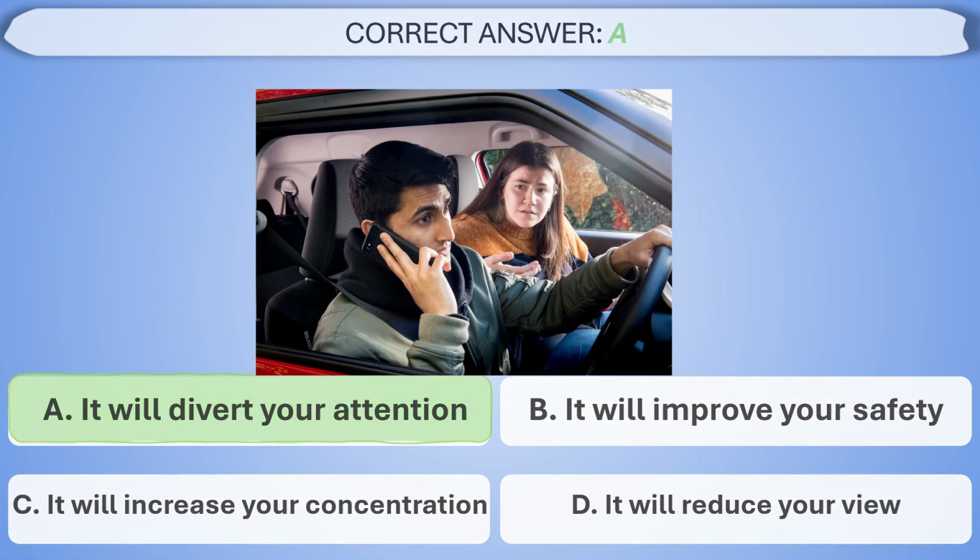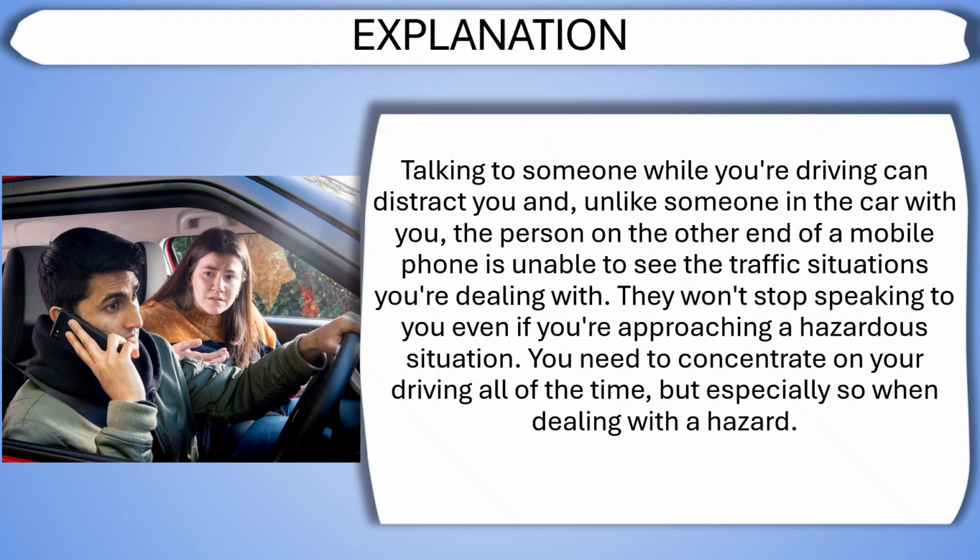Explanation. Talking to someone while you're driving can distract you, and unlike someone in the car with you, the person on the other end of a mobile phone is unable to see the traffic situations you are dealing with. They won't stop speaking to you even if you're approaching a hazardous situation. You need to concentrate on your driving all of the time, but especially so when dealing with a hazard.